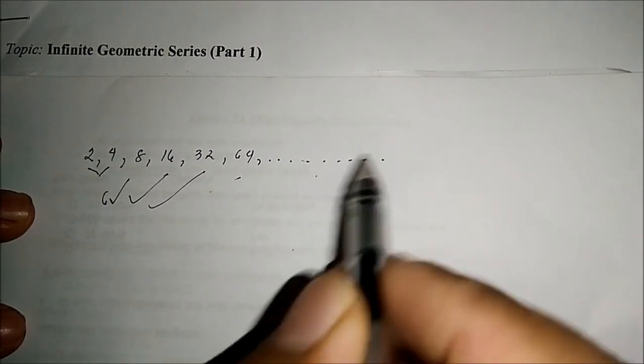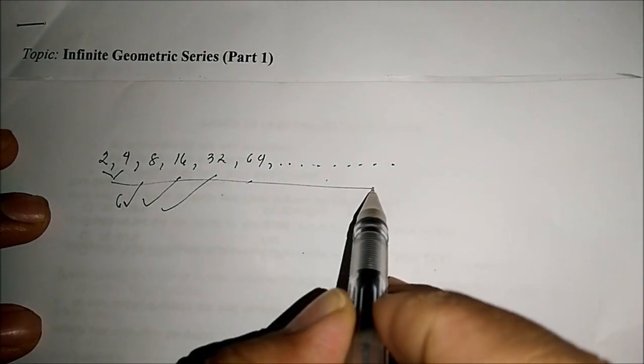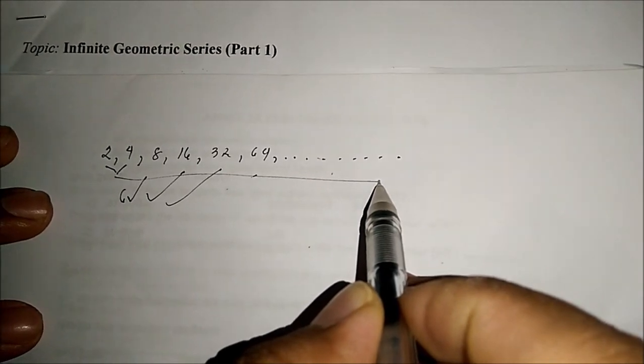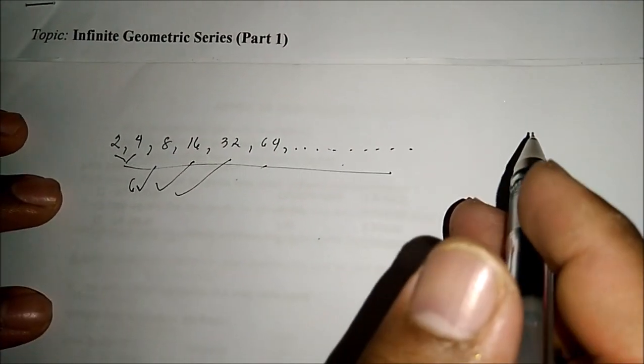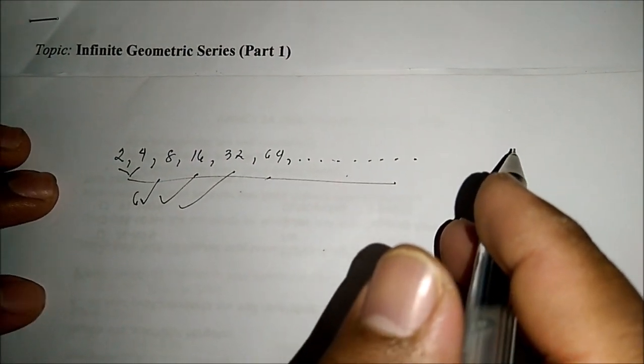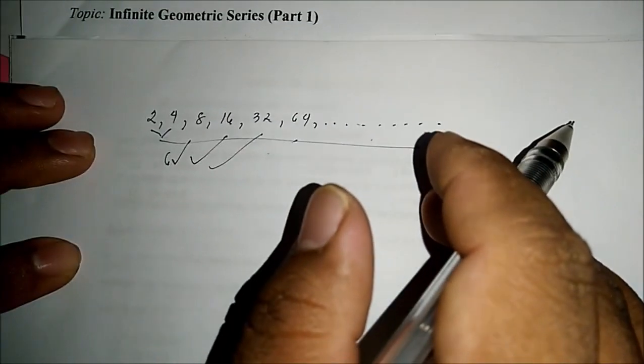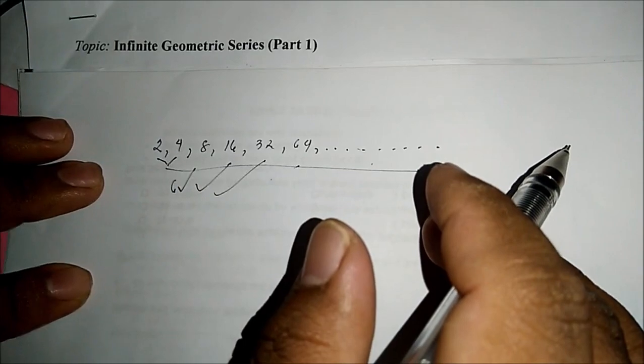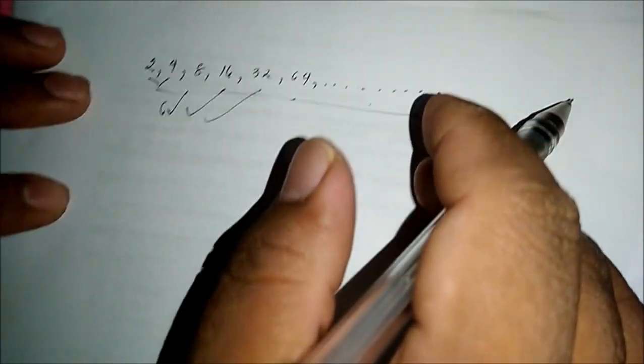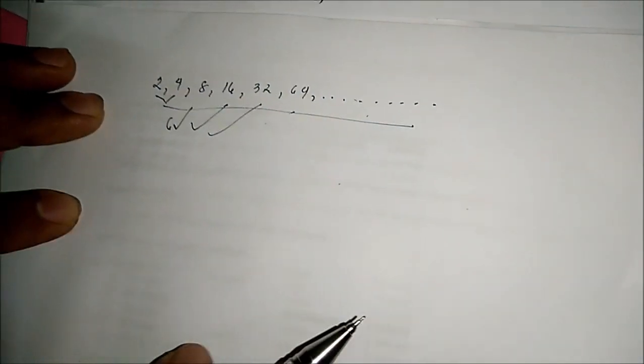Palaki ng palaki. So, is it possible to get the sum in that sense? Kung palaki ng palaki and we do not know where the sequence ends, so in that case, hindi talaga possible. It's not possible. But it would be possible to get the sum if the ratio is lesser.